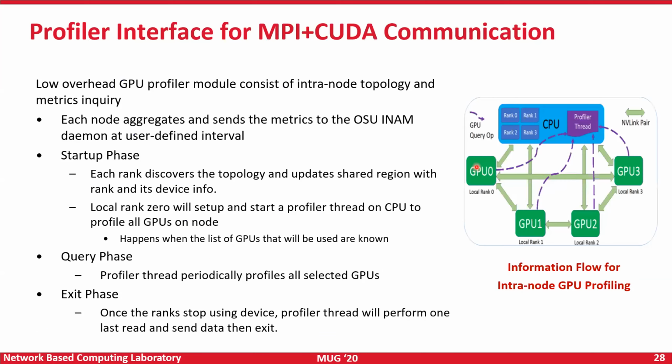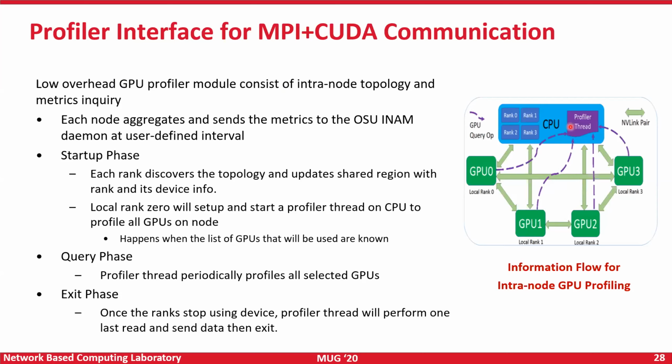So this is some of the future work that we are trying to do. One thing is to see if we can have profiling for your GPU-based applications. This is work that we published in the HiPC conference last year.